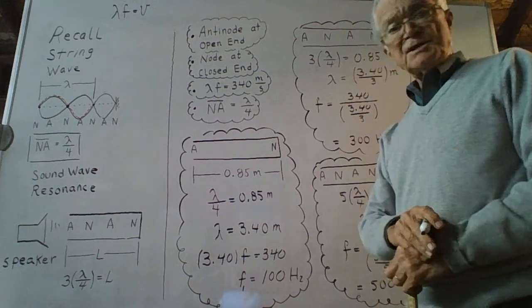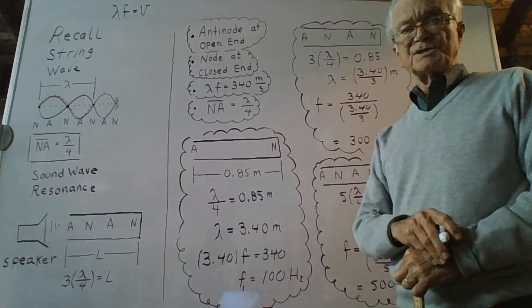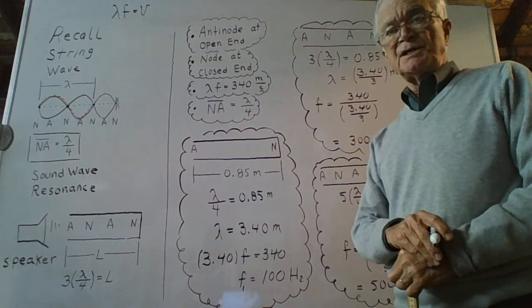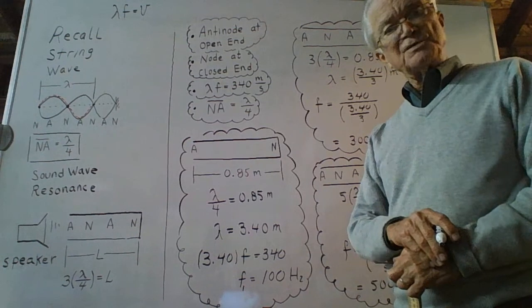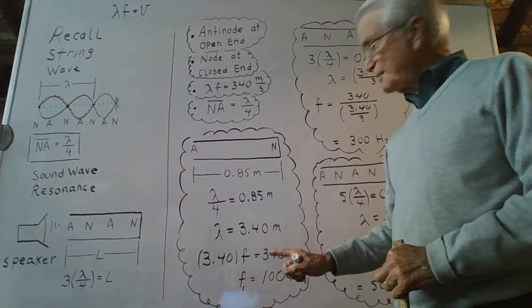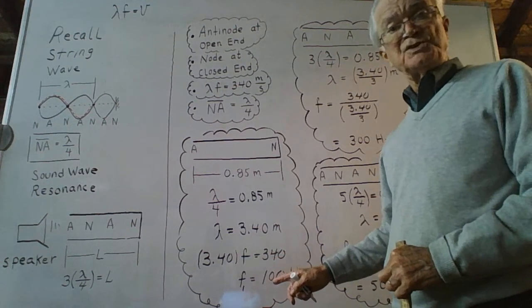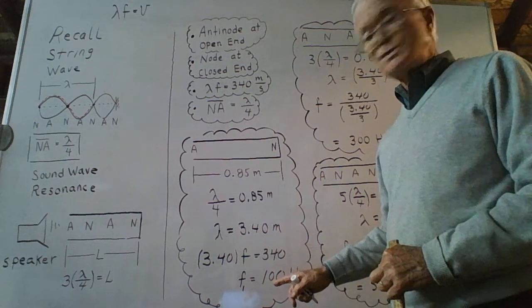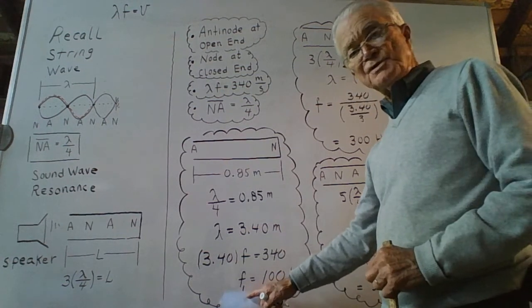That frequency, a special frequency, is called the fundamental frequency. The smallest frequency that will resonate in any tube is called the fundamental frequency. It's also called the first harmonic frequency. Harmonic reminds you of a musical instrument or tones. First harmonic frequency, also called the fundamental frequency.